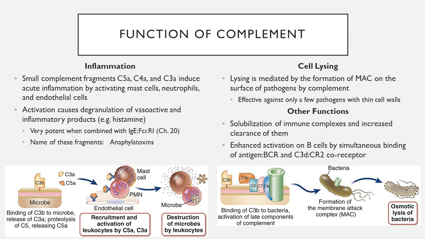Other functions of complement serve to solubilize immune complexes that help clear them out. So we previously learned in the antibodies chapter that because antibodies have two binding sites, it's possible at just the right concentrations that one antibody can link up two different antigens, and then another antibody can come on and link that antigen with another antigen and form these really large complexes.